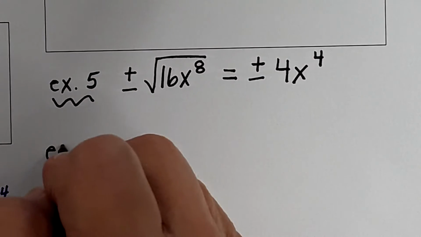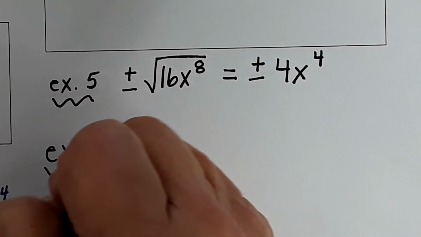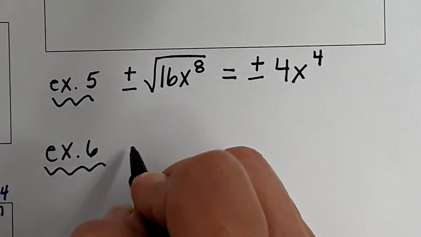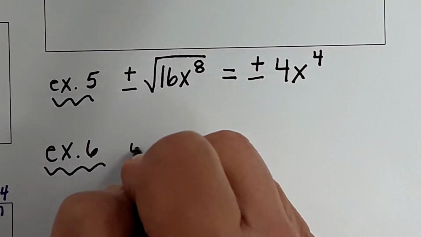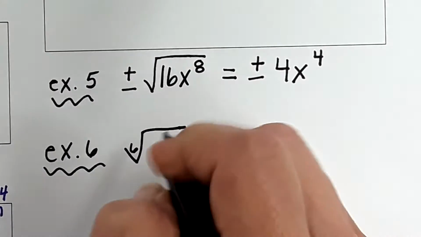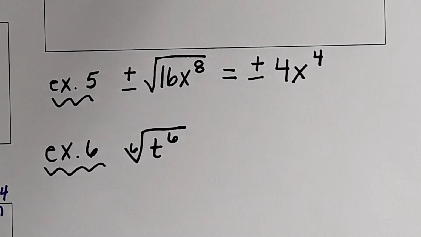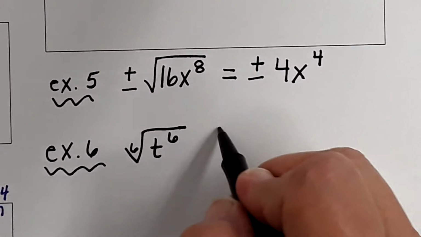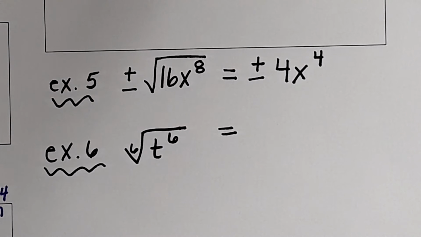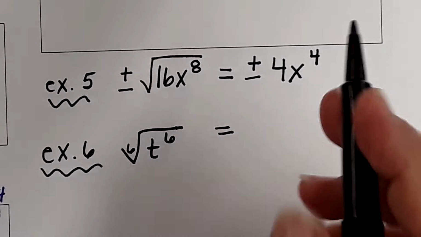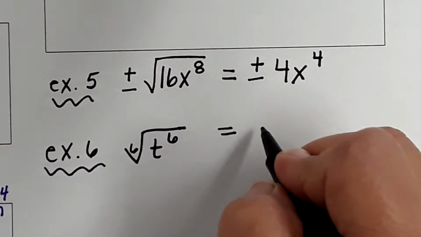Let's do another one because I'm all about the examples. Okay, so 6 divided by 6 is 1.